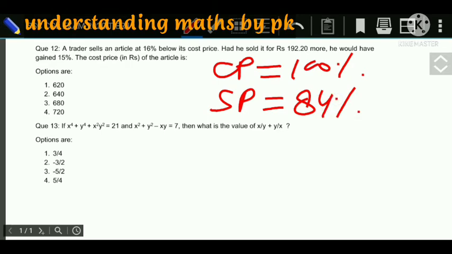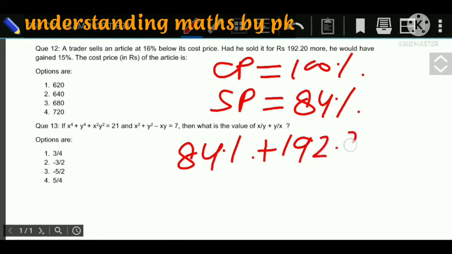Had he sold it for rupees 192.20 more, he would have gained, means 84% plus 192.20 equal to gained 15%, means cost price plus profit. Cost price 100%, gain 15%. So this will be equal to 115%.